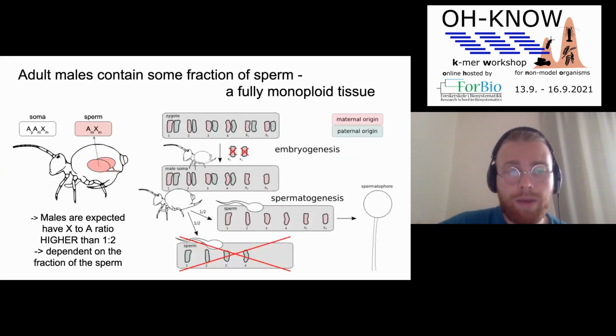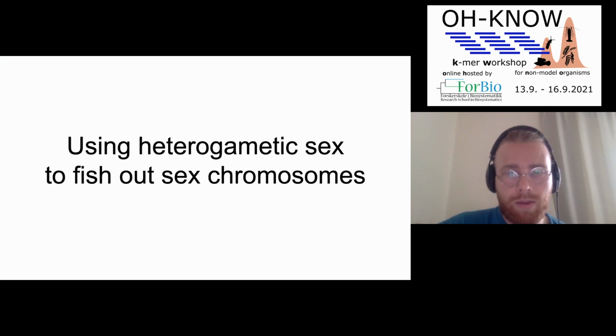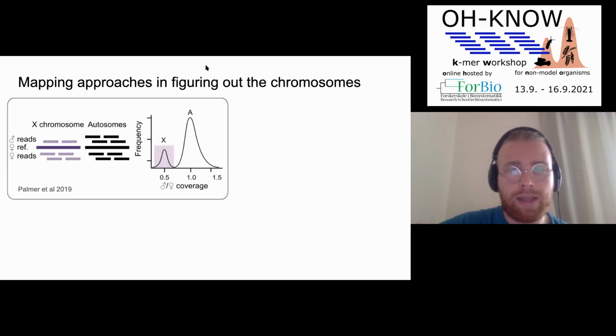I will have one more example later on, but this is just to demonstrate how it can be shown. And now we will get to how to actually detect the heterogametic sex in our assemblies, or in the reads.